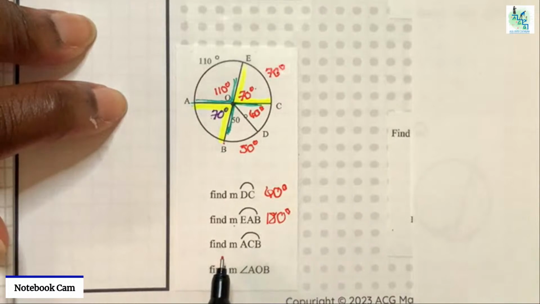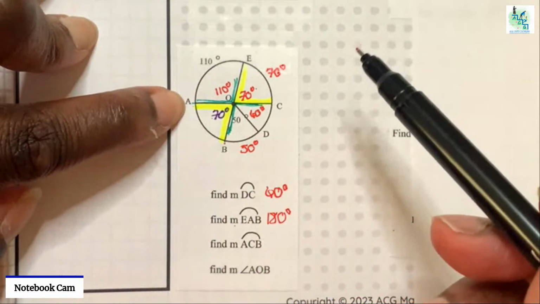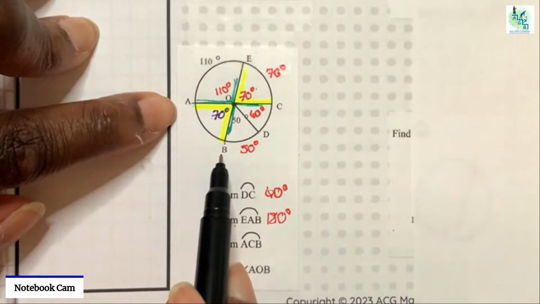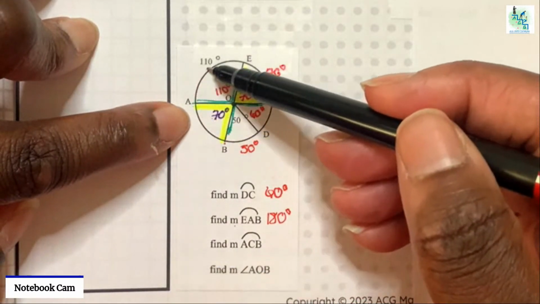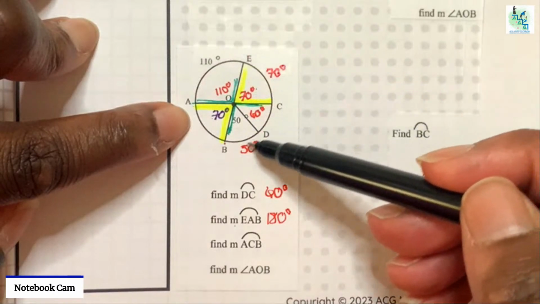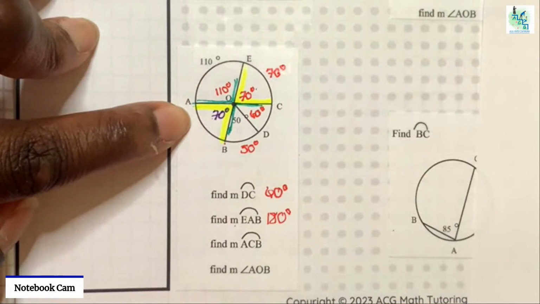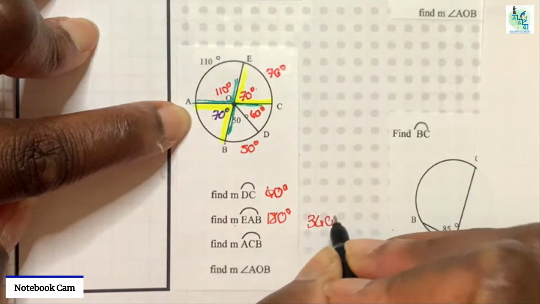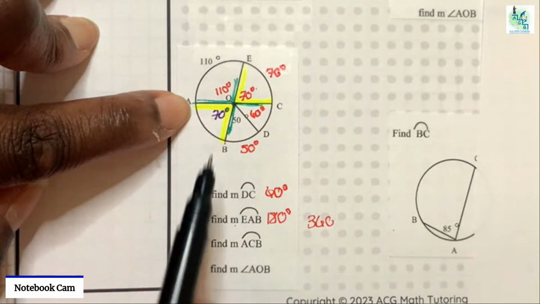So now we want to find the measure of arc ACB. Okay, so we're saying ACB. If I go this way, the B comes next. Oh, no, no, no. That means we have to go the opposite way. So that's our A, that's our C, that's our B. So the easiest way, we will take our 360 because it doesn't include the 70 that we just found.